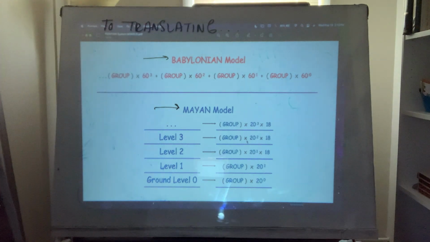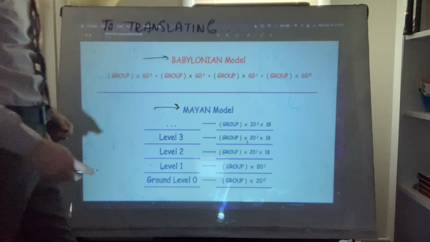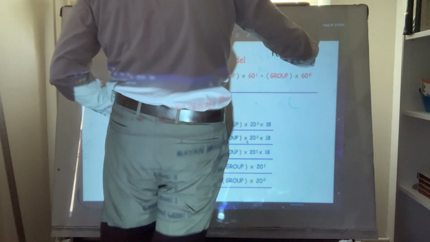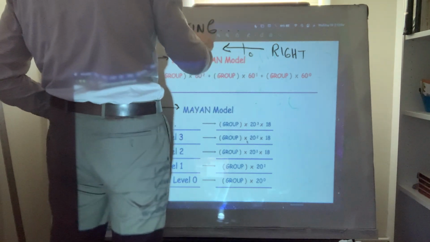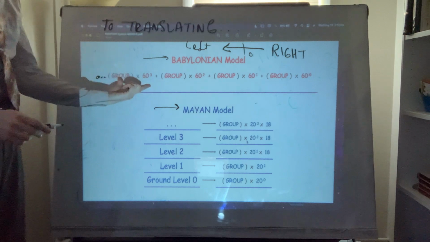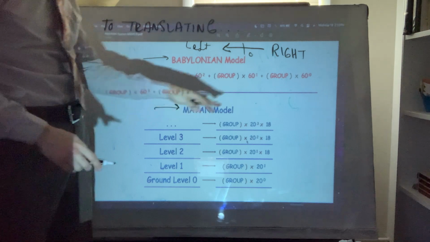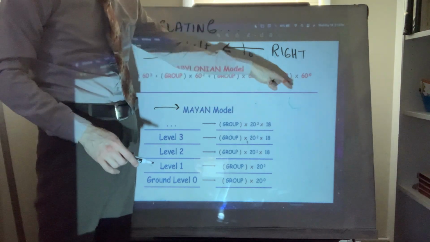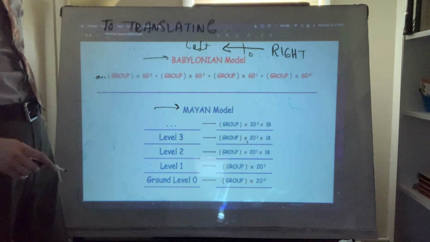All right, you're going to see groups of symbols, and you're going to build up somewhat counterintuitively from the right to the left. That's why there are ellipse marks here, because you could keep tacking on more terms here. Usually you don't need this many, but just to get the point across, start with this sort of a scaffold when you're trying to figure out what the Babylonian symbols relate to.